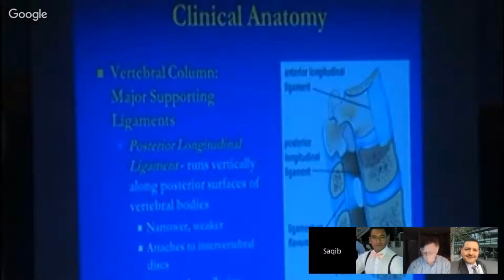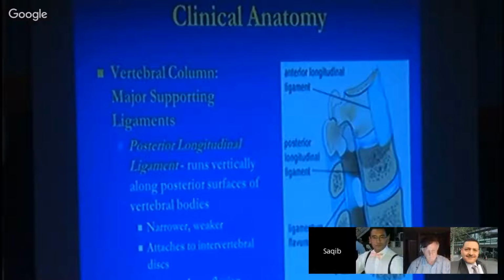Moving down to the posterior longitudinal ligament, it is weaker compared to the anterior longitudinal ligament, but it is also a good stabilizer and prevents hyperflexion. Again, it attaches to the intervertebral discs, and you will see it running from top to bottom of your spinal canal.